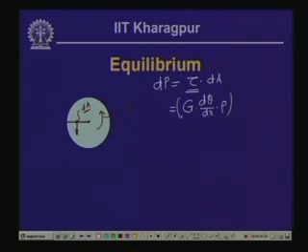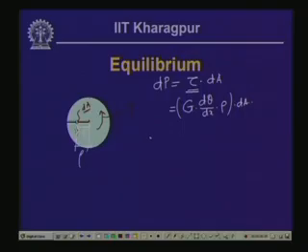This is the stress on this element, which is at a distance rho from the center, times dA. The resistive moment applied by this element will be the force multiplied by this distance rho.